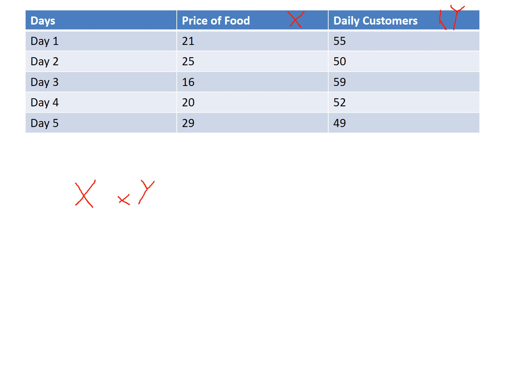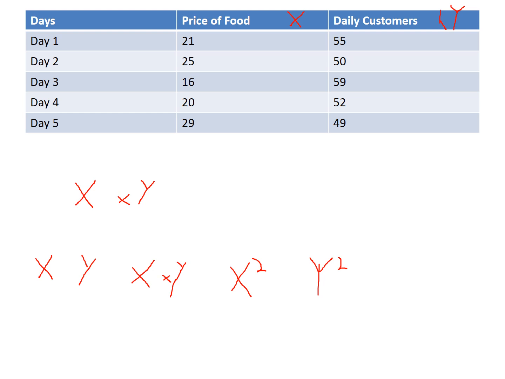So the columns we're going to have are x, y, x times y, x squared, and y squared, and that's it.